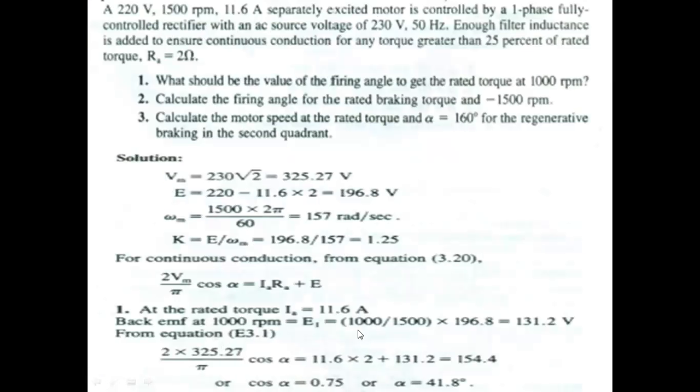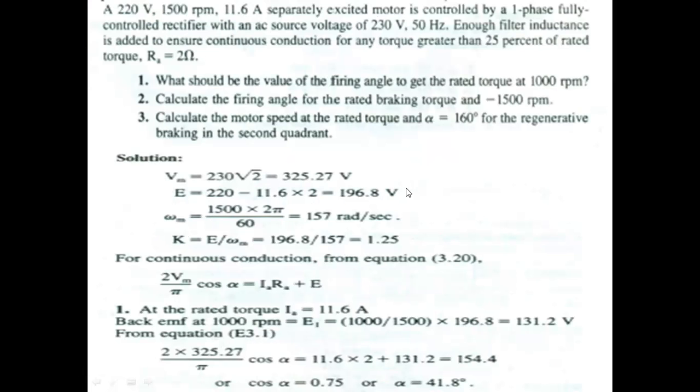See here, at the first bit, the firing angle is given at 1000 RPM and N1 is 1500. So N2 by N1 into 196 is equal to this E, not this one, this E: 220 minus IA into RA. You get 196.8 volts.